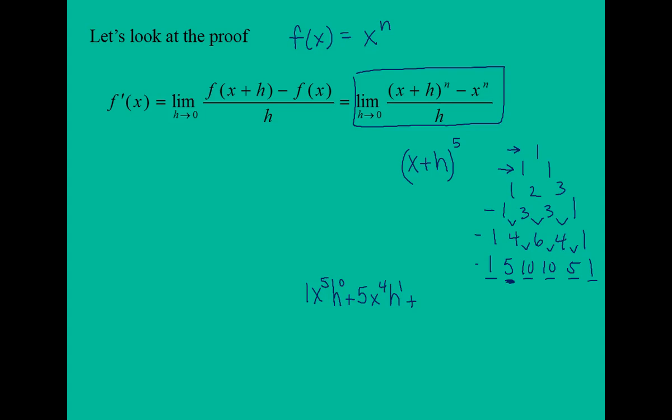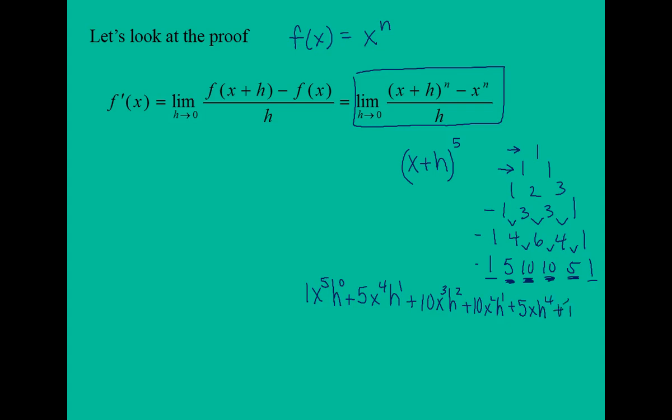My next coefficient would be coming from here, 10. I subtract 1 from the exponent, add 1 here. Those always have to add up to be 5. My next coefficient is 10, so I'd have x squared h to the first. My next coefficient is 5, so I'd have x h to the fourth, plus the last coefficient would be 1.